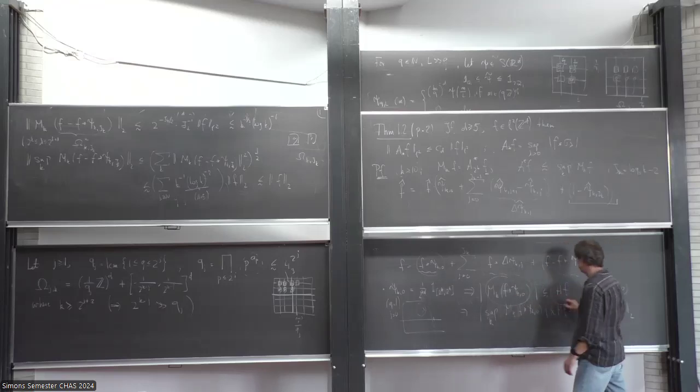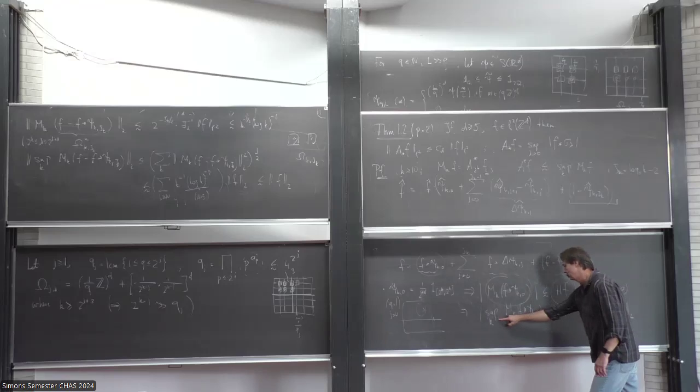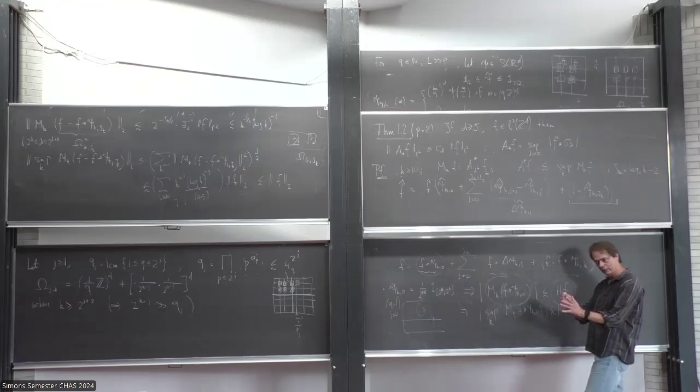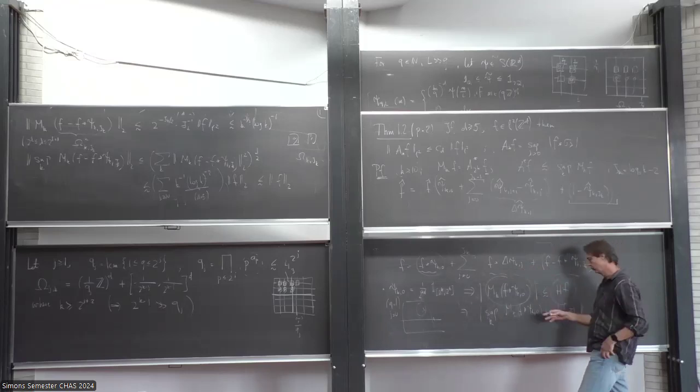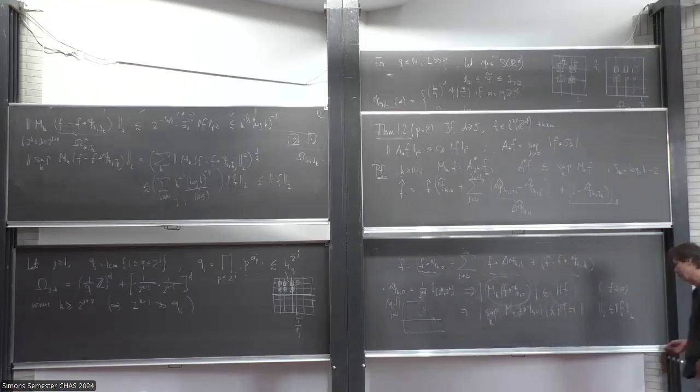So basically I use the maximal function to get this uniform estimate. For all k, it's estimated by an average at some scale, and the sup of averages at all scales is what is called the Hardy-Littlewood maximal function. So that's why I have this estimate.